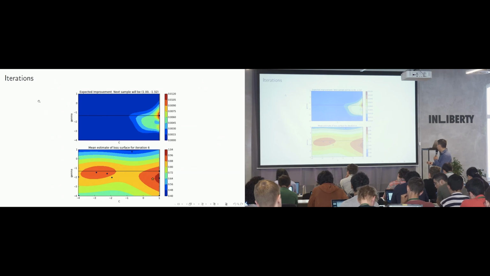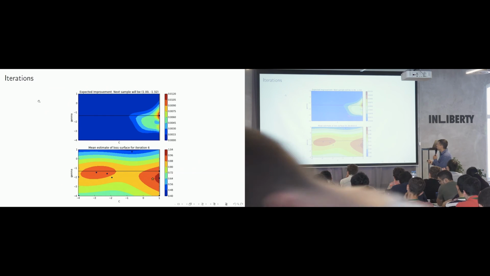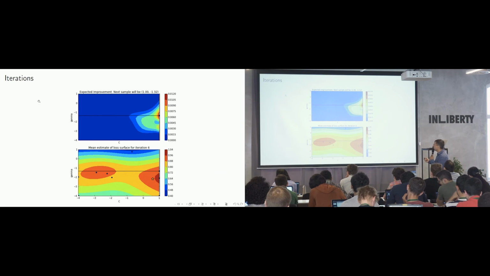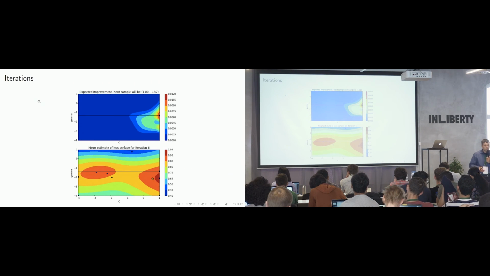And we see that after 9 iterations, the expected improvement based on the Gaussian process looks like this, and its optimum is very close to the actual position of the optimal value of the hyperparameters. So that means that in principle, after 9 iterations, I am already quite close to the optimal value of hyperparameters.